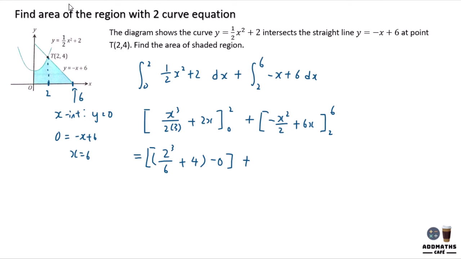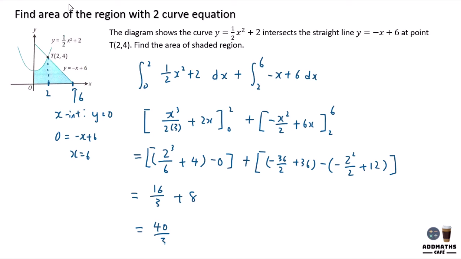And the second part will give you negative 36 over 2 plus 36 minus the second part, which is negative 2 squared over 2 plus 12. So in this case, the first part will give me 16 over 3, and the second part will give me 8 by using the calculator. And at the end, the result will give me 40 over 3 units squared.